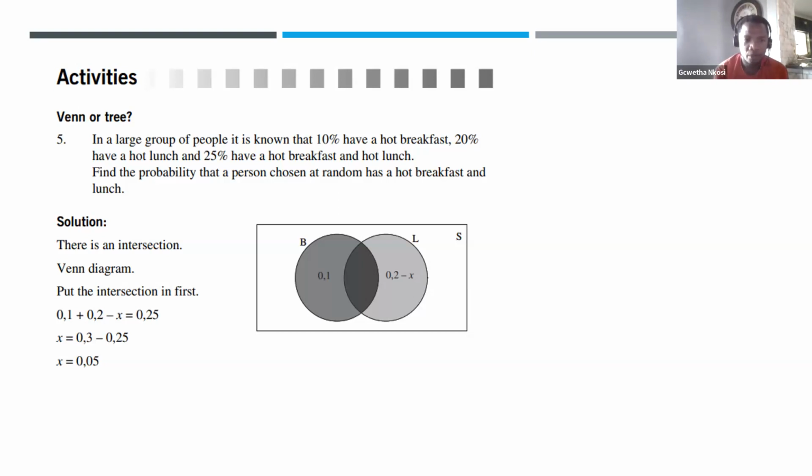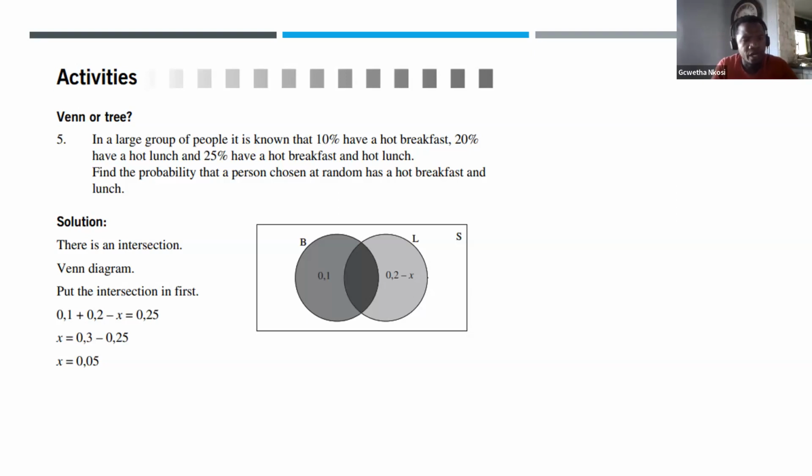Now here you have both the probabilities. Find the probability that a person chosen at random has a hot breakfast and a hot lunch. You have to choose now whether a tree diagram or a Venn diagram. Those are our choices.